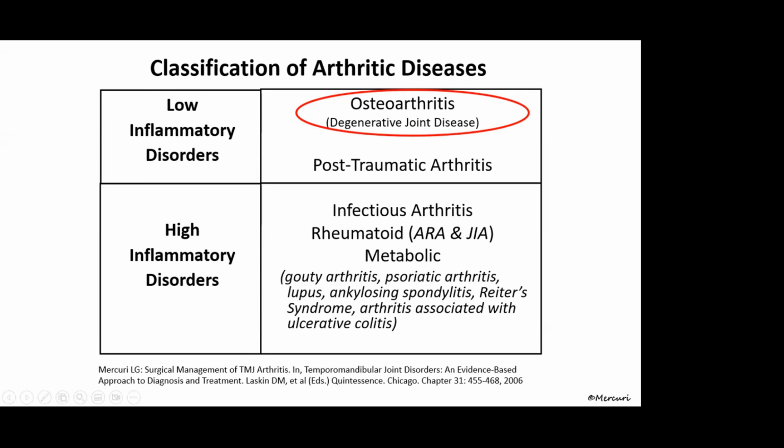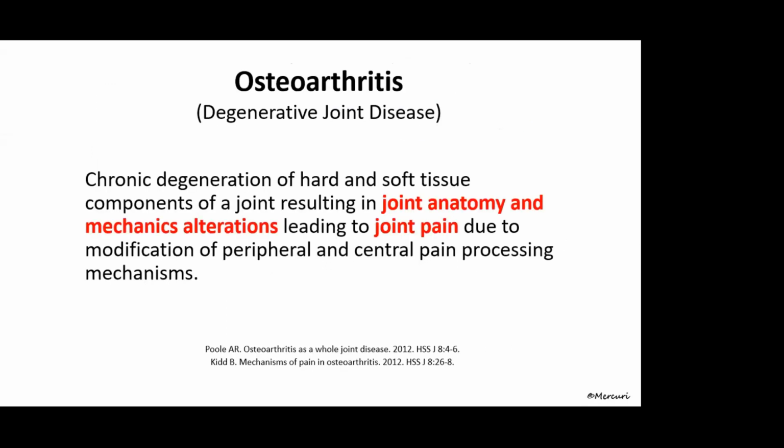So we're going to be talking about low inflammatory disorder, osteoarthritis, or degenerative joint disease. The definition is chronic degeneration of hard and soft tissue components of a joint, resulting in joint anatomy and mechanical alterations, leading to joint pain due to modification of peripheral and central pain processing mechanisms.